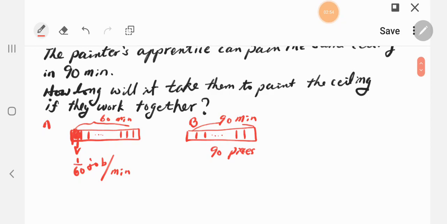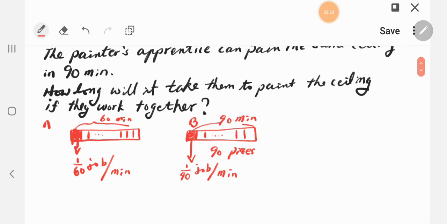Each piece is the work done per minute. So this person can complete 1/90th of the job per minute. That is the work rate.